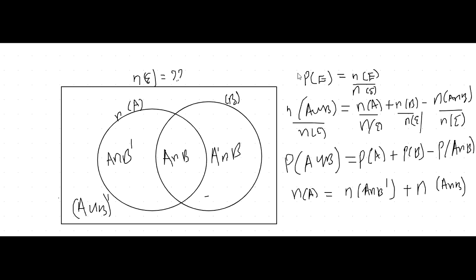A intersection B plus A prime intersection B. Thank you. So number of B is equal to number of A intersection B plus number of A prime intersection B.